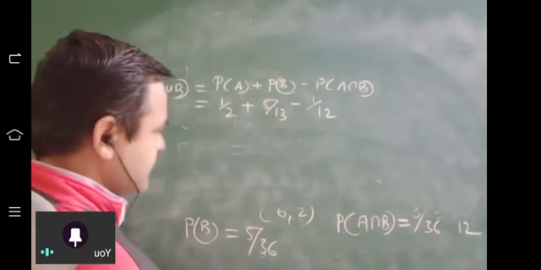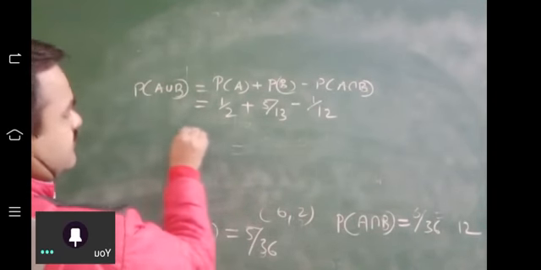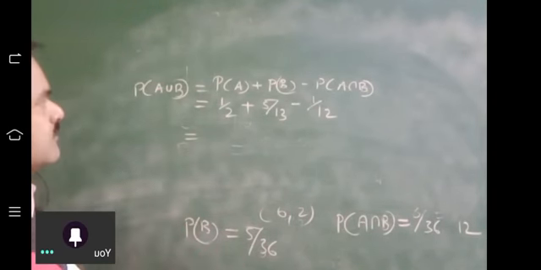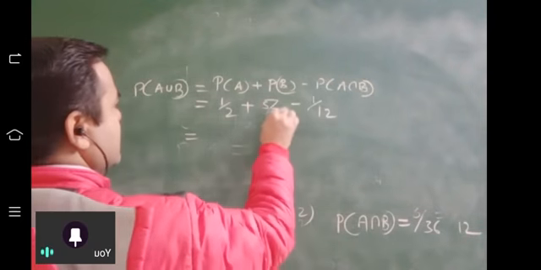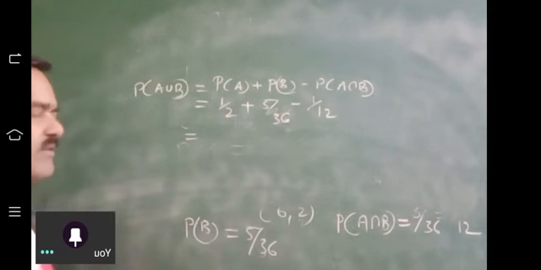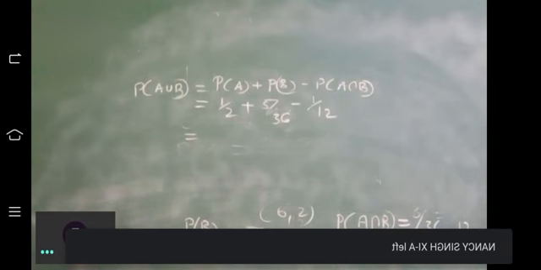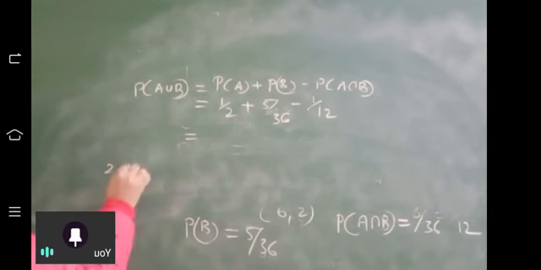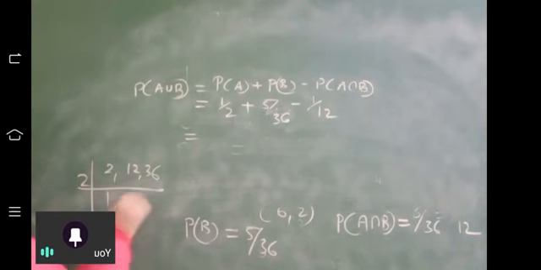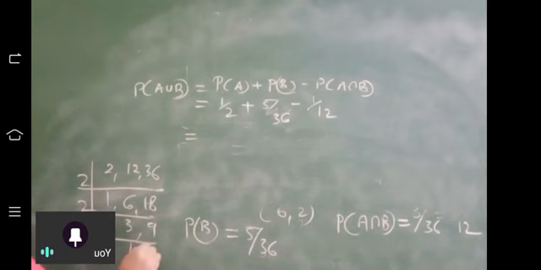Now what is the LCM? 36 is the LCM of 2, 12 and 36.